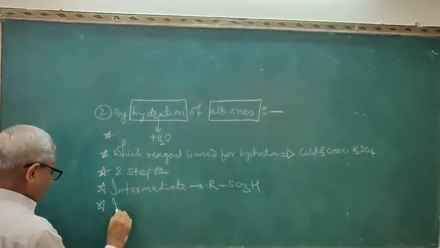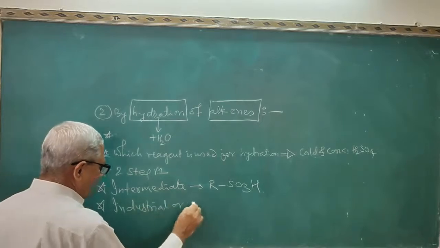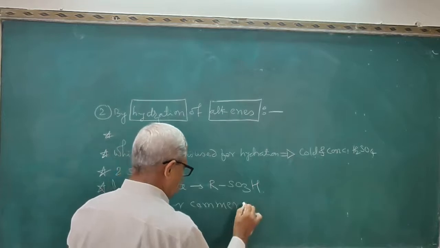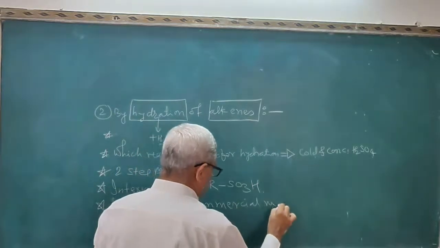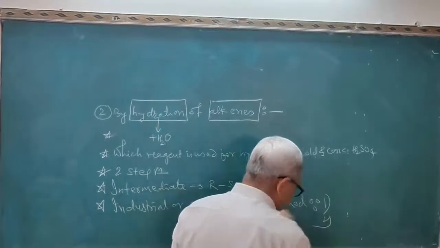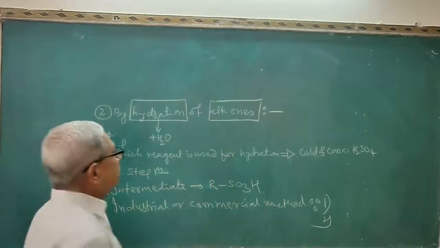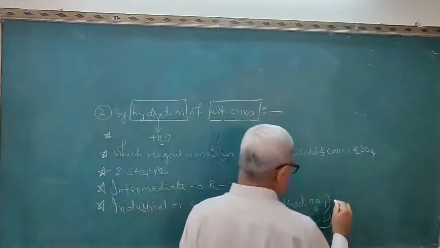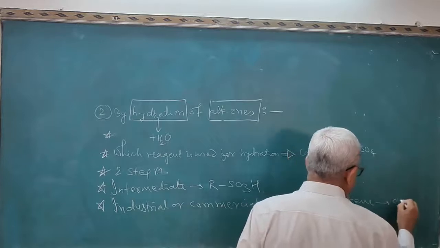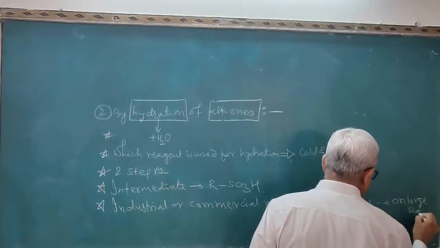Then last question. This is an industrial, commercial method because of two reasons. You have to give those two reasons. First reason is that alkenes are available on a large scale in nature.